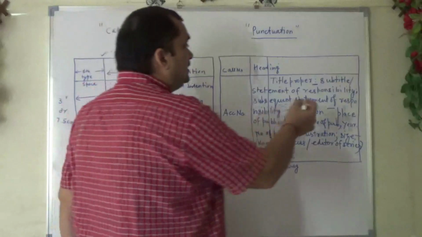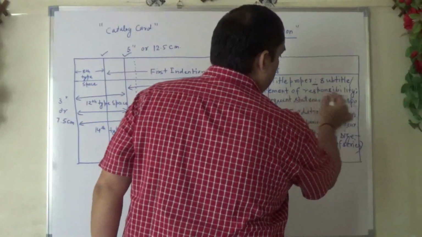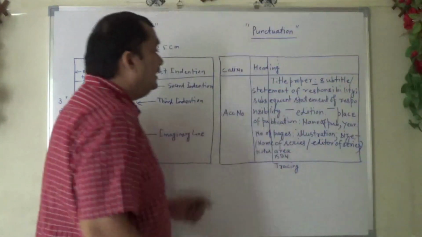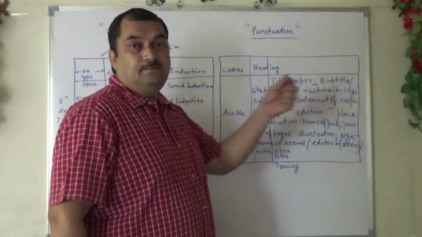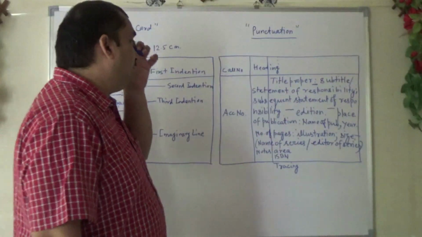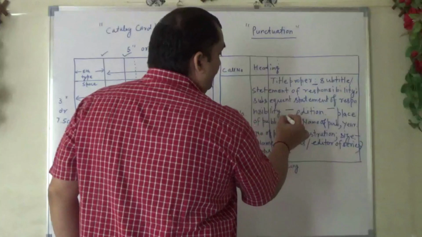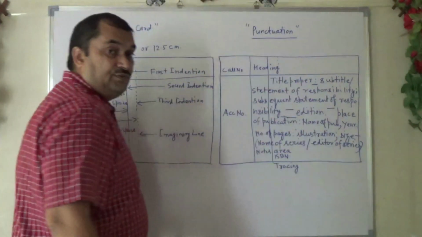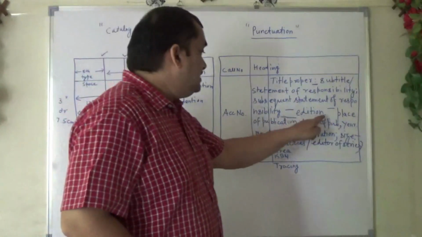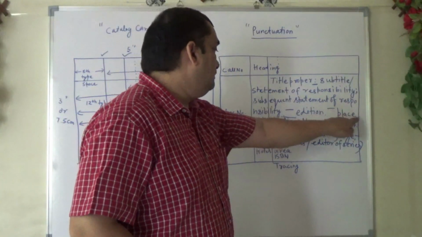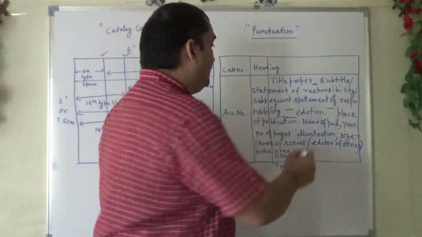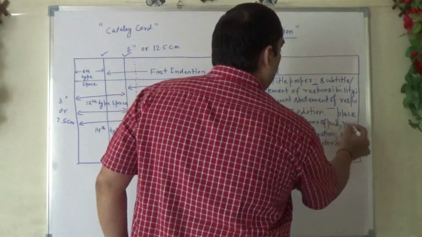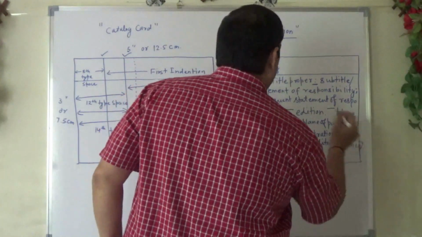In case of author, we write the author first and then a semicolon, edited by the second subsequent statement of responsibility, and then it will be followed by this punctuation: dot, space, hyphen, edition, dot, space, hyphen, place of publication, colon, name of the publisher, comma, year.